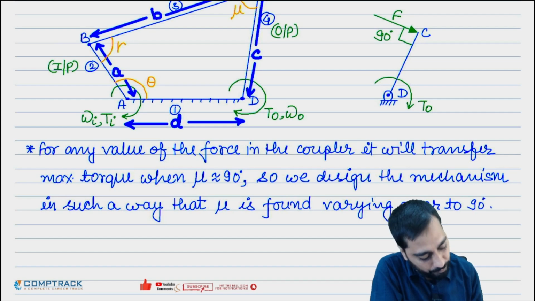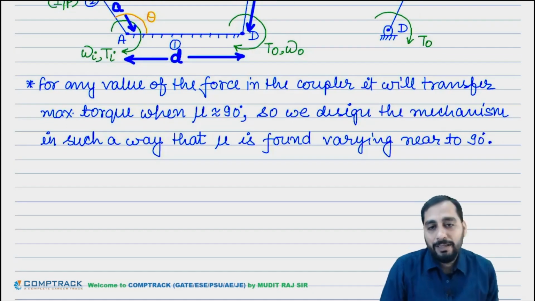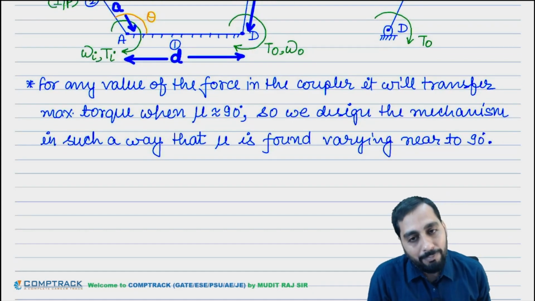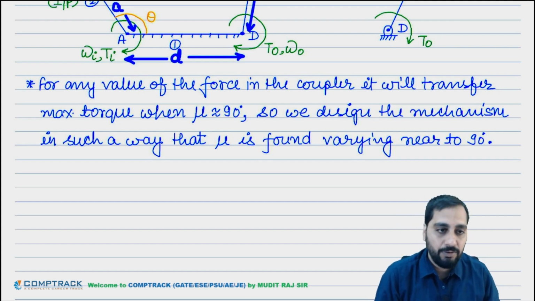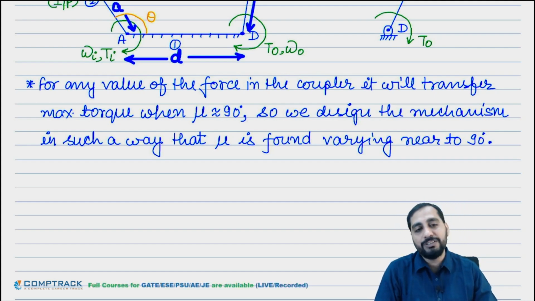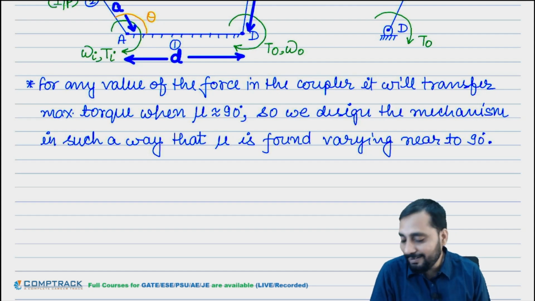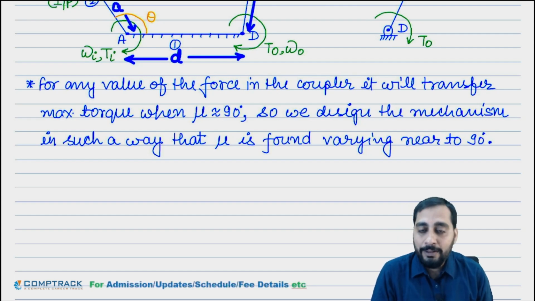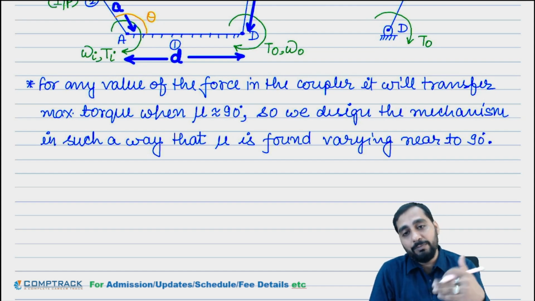When mu varies near 90, the mechanism will give us maximum output for most of the running time. Whether that is actually happening or not is a different issue, but if it is near 90, then our mechanism will give maximum output torque for the maximum time of running.